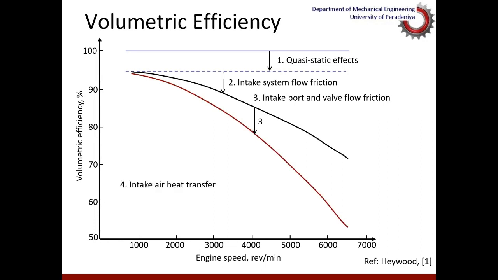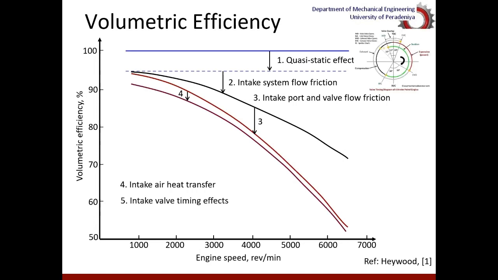Then comes the heat transfer within the system. Heat transfer would increase the temperature of the intake mixture, and accordingly the density would be reduced. As a result, there will be a drop of volumetric efficiency.